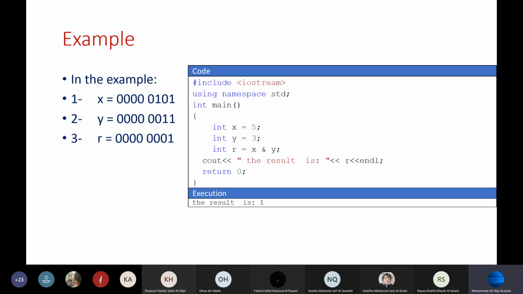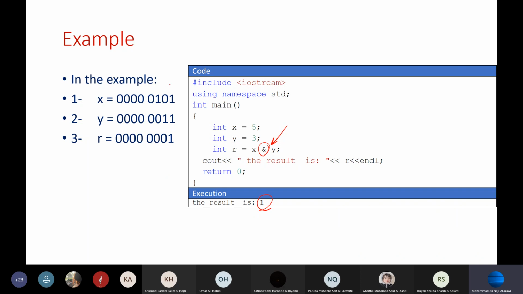Let's take this example. Integer x equals 5. Integer y equals 3. Integer r equals x AND y. The result is 1. Why is that? First, let's represent x, which is 5, in binary.